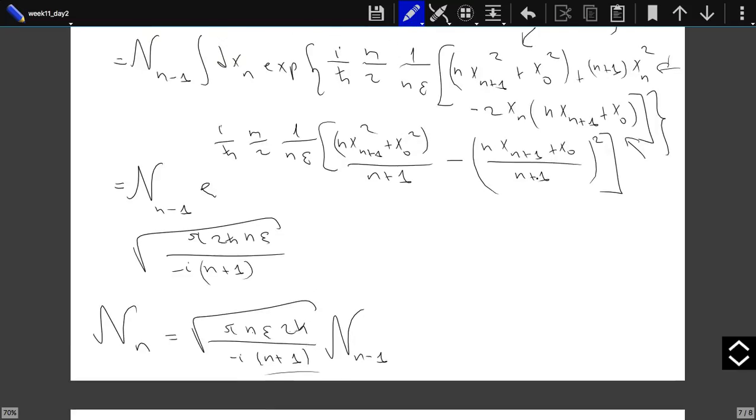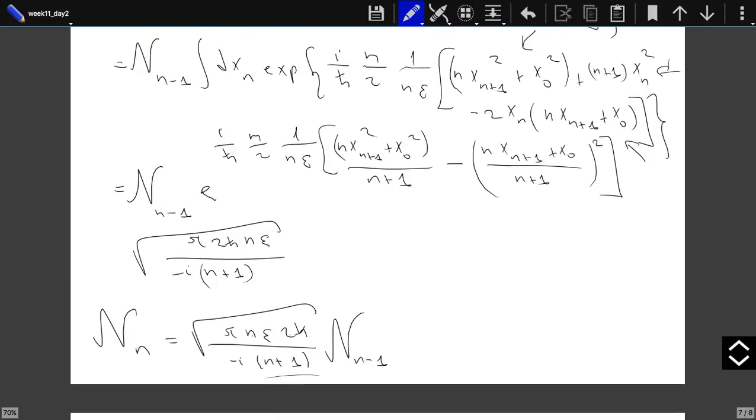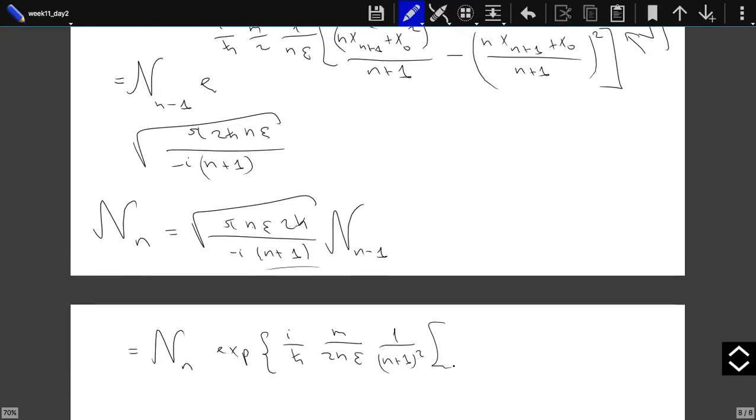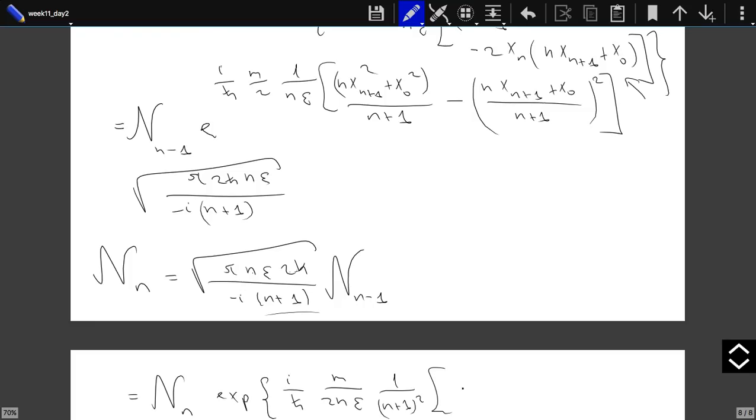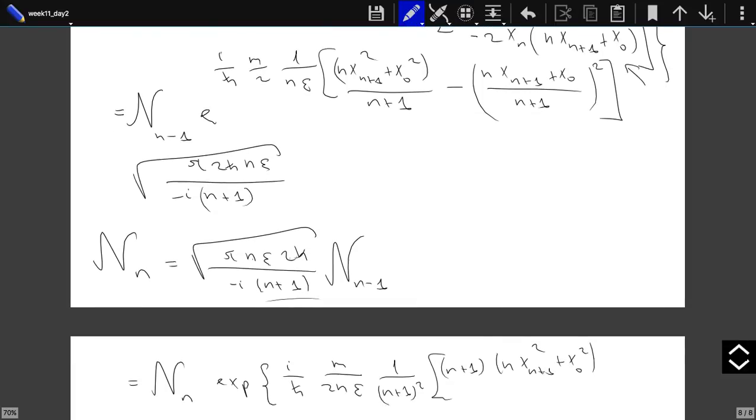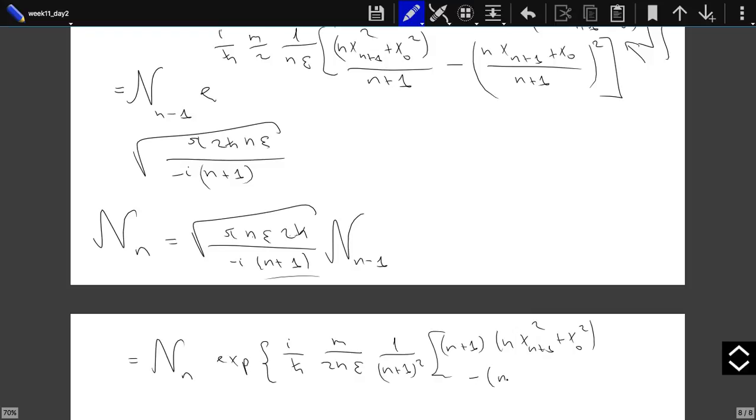It's this 1 over n plus 1 squared, which I took out. Now what is left? N plus 1 times n xn plus 1 squared plus x0 squared, minus n xn plus 1 plus x0, all of this squared.